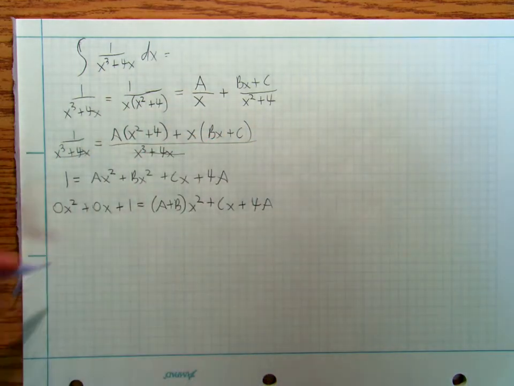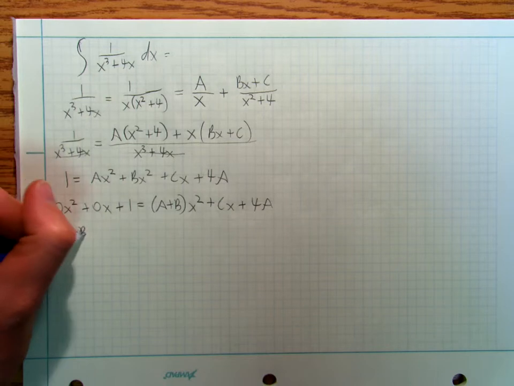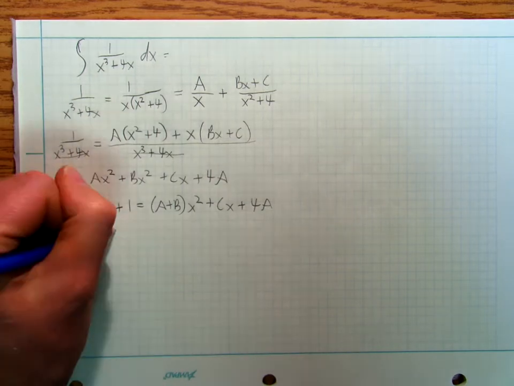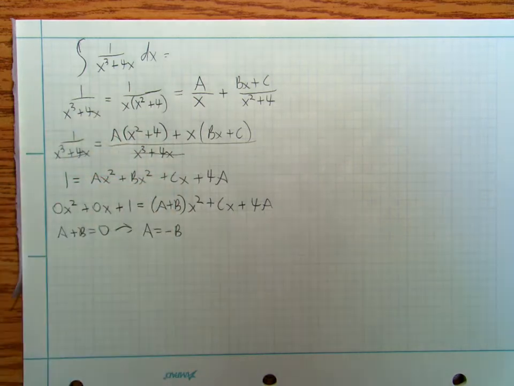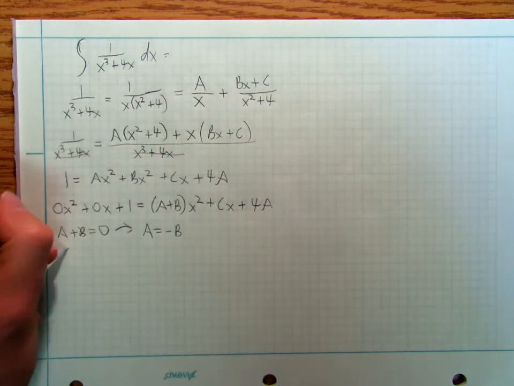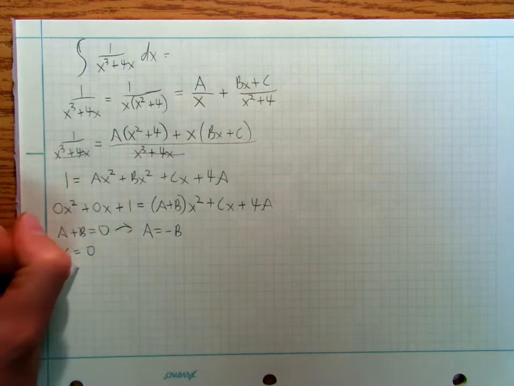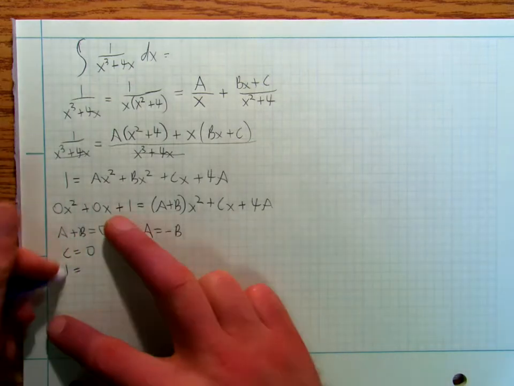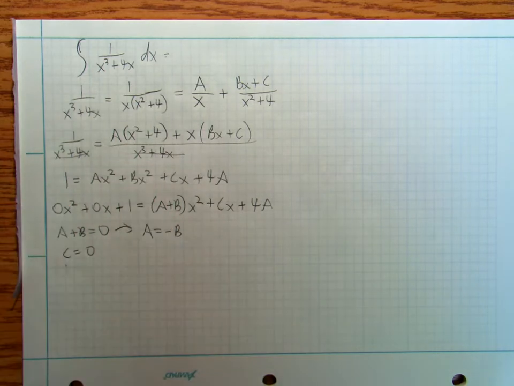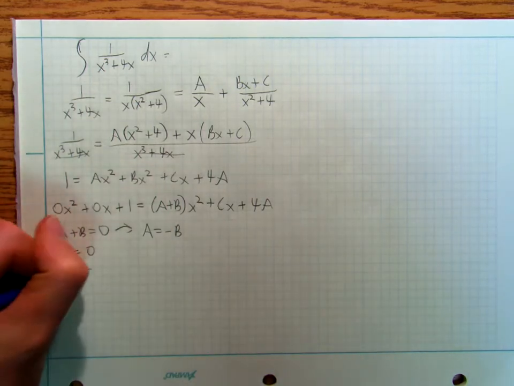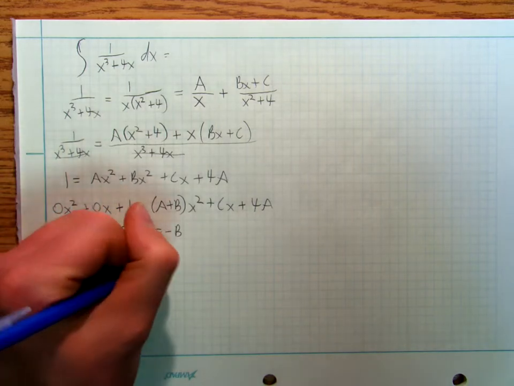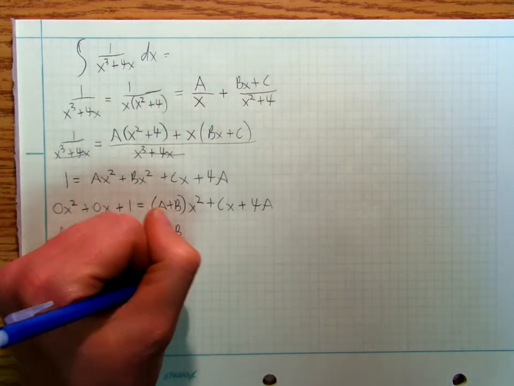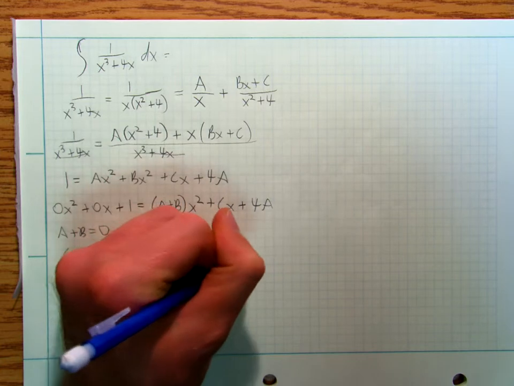So then I got a plus b equals 0, which means that a equals minus b. Then c equals 0. That's easy. And then 4a equals 1. So a is equal to 1/4, and then b is equal to negative 1/4.